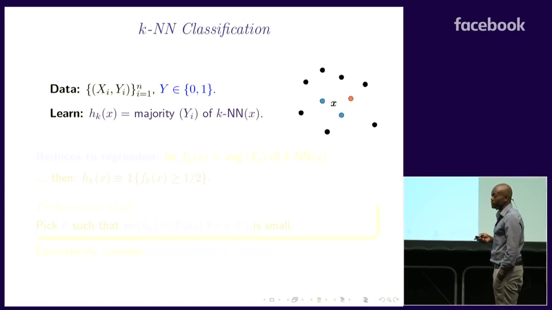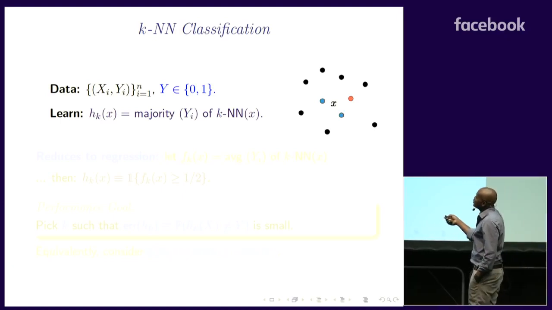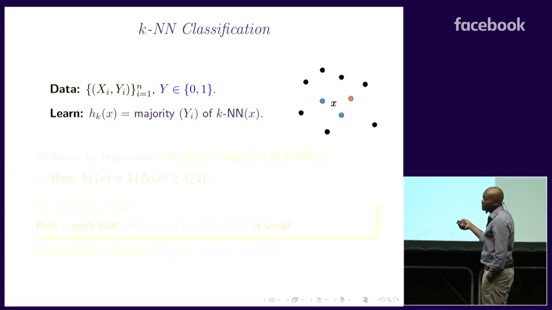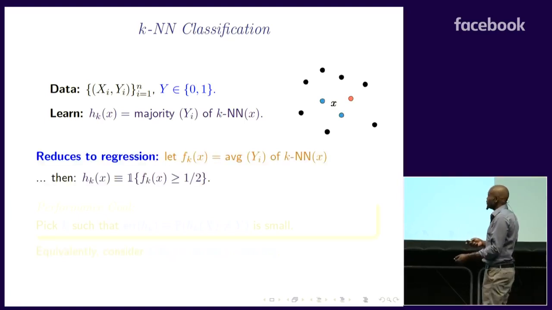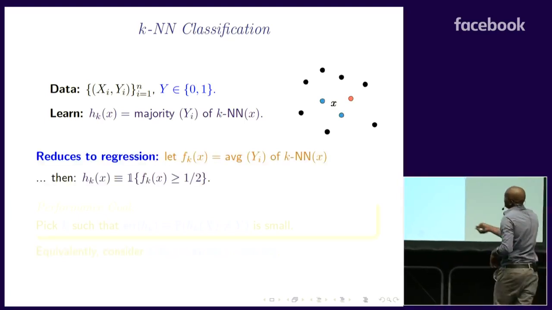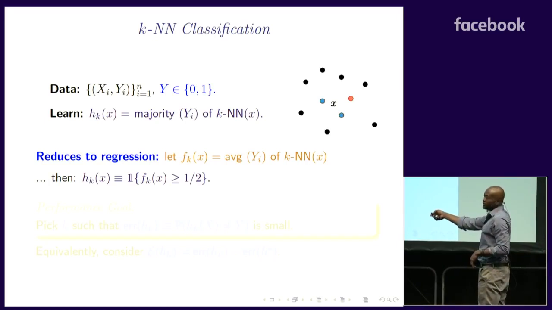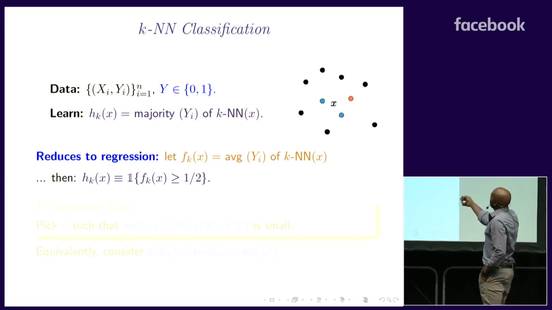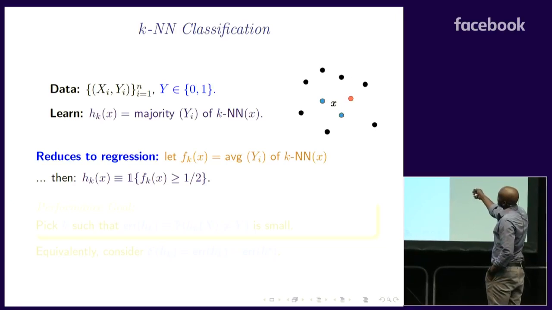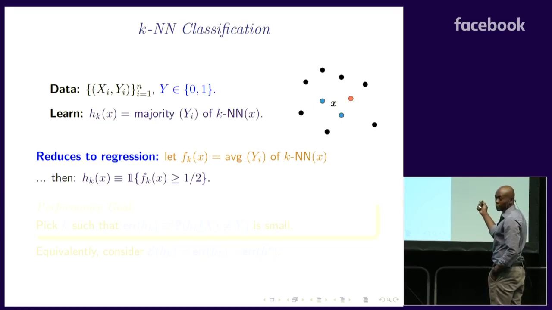That's nearest neighbor classification. It turns out that taking the majority of the labels of the nearest neighbors is equivalent to doing regression first and then thresholding the regression. So to see this, consider again the regressor that I discussed earlier, f_k of x, the average y of the KNN of x. Here, if I say this is 1, 1, and 0, if I compute the average y it is just 2/3 here.